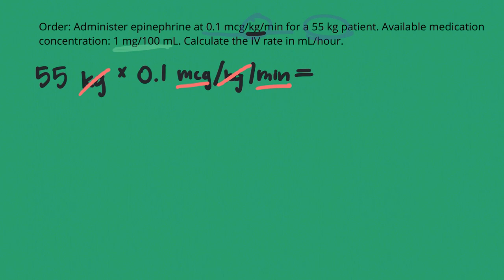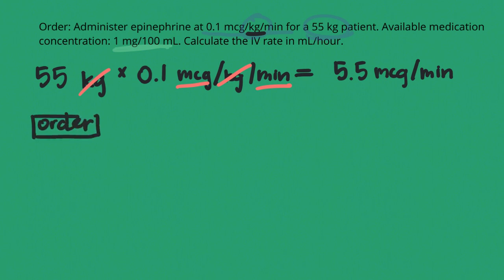So 55 times 0.1 is going to give us 5.5 micrograms per minute. Let's write that down here like we've been doing in the past. We have our weight-based order, but now it's specific to this patient, so the weight's out of there. We have 5.5 micrograms per minute.